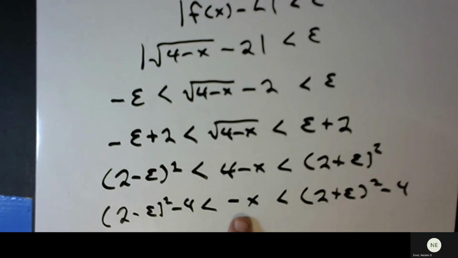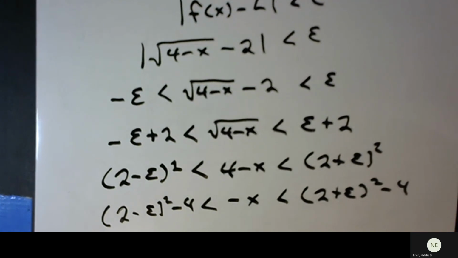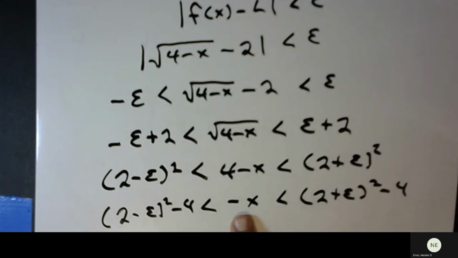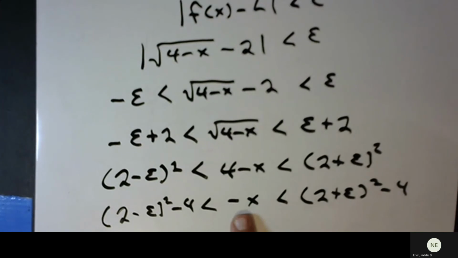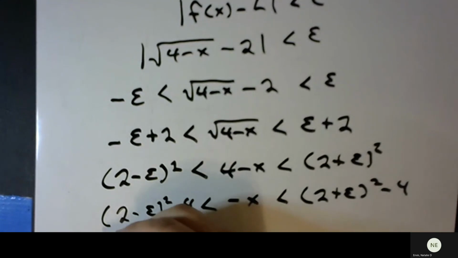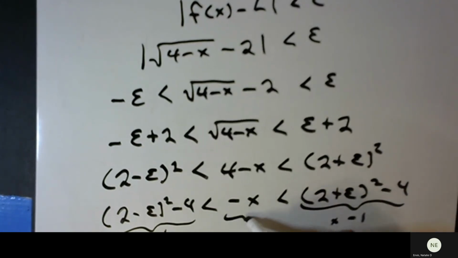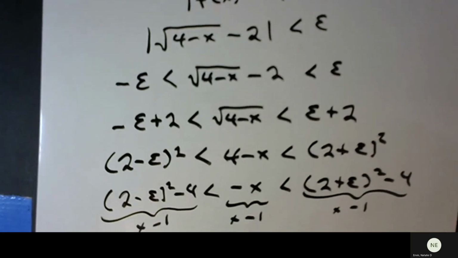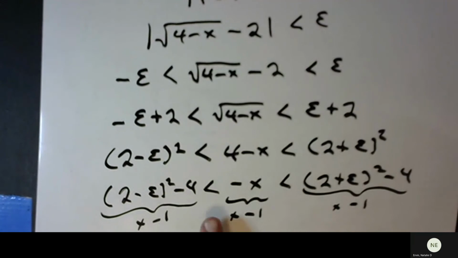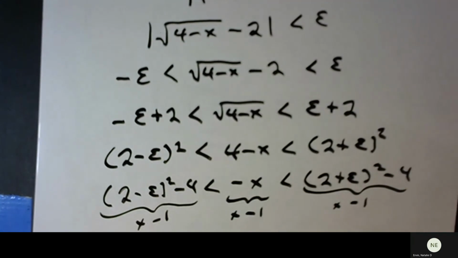Now this is a negative x, and I want to make it positive. So I can do that if I multiply it by -1. But I multiply by -1 here, multiply by -1 here and here. The whole thing will be times -1. And because I'm multiplying through by a negative, it's going to switch around these inequalities.